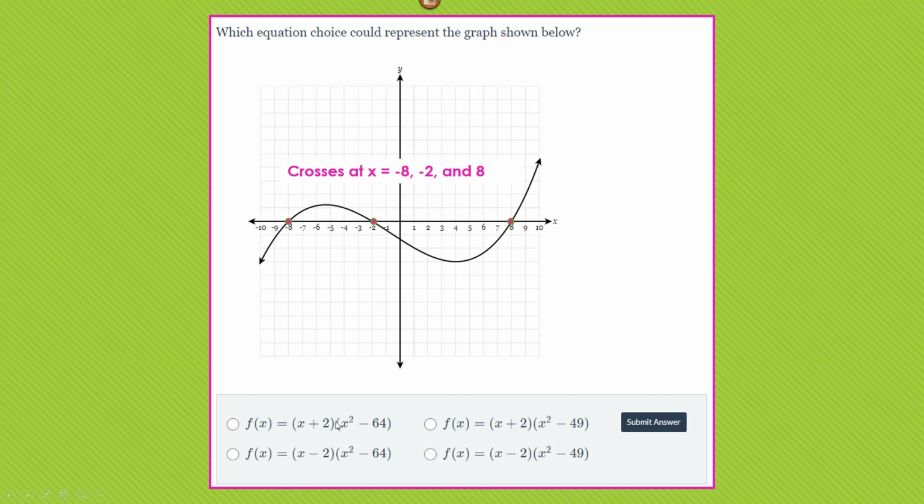Well, this is not a linear factor, but if I solve this using our method for square roots that we talked about, we get x squared minus 64 equals 0, x squared equals 64, or x equals plus or minus 8. And those are the zeros that we have, and they each have a multiplicity of 1, right? There's 1 for x plus 8, 1 for x minus 8, and so this would be our best choice.